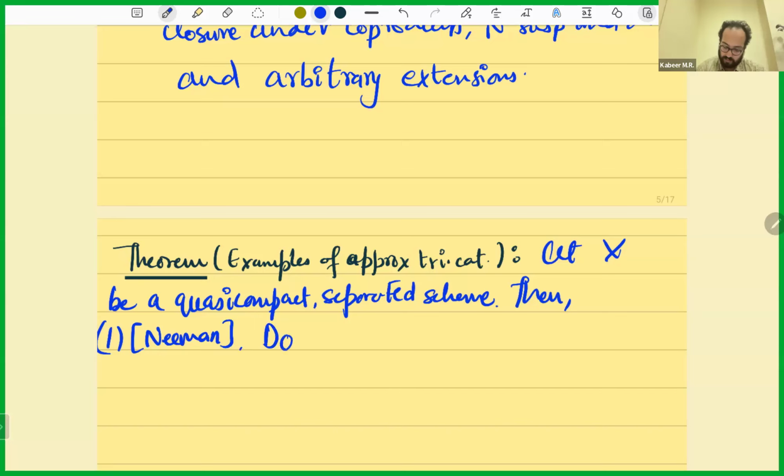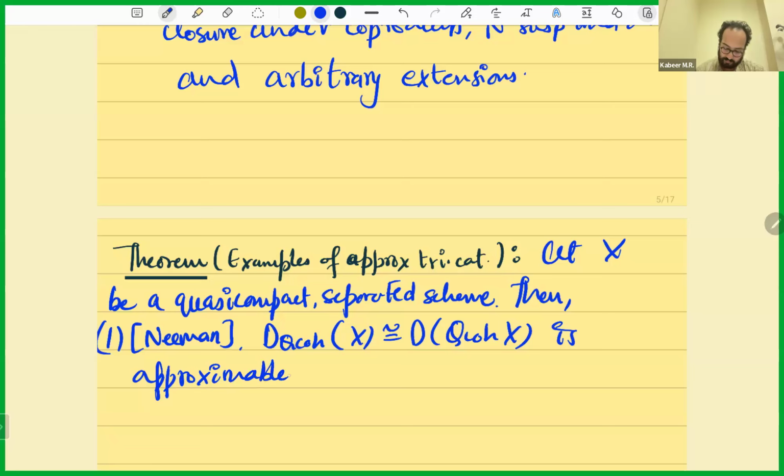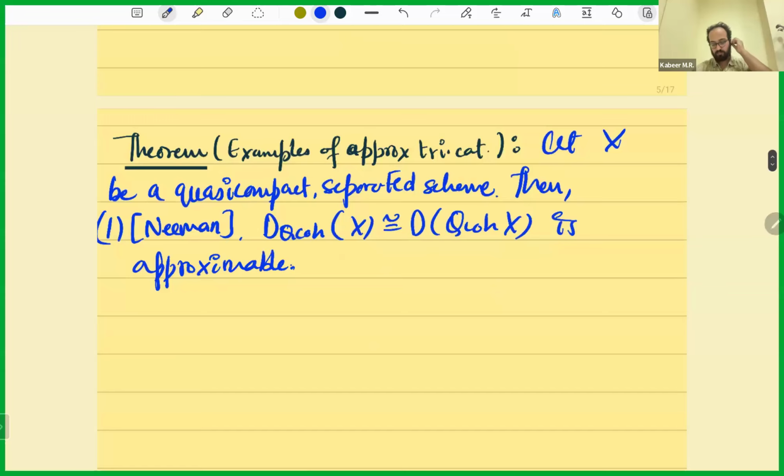The derived category of quasi-coherent sheaves is approximable. So this is an example. This is a highly non-trivial result, requires quite a bit of work. But basically, it turns out that for almost all reasonable schemes, the derived category of quasi-coherent sheaves is approximable.